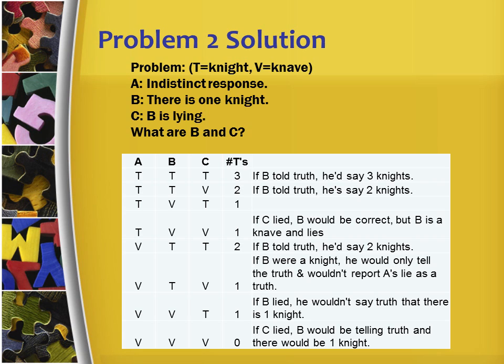Similarly, if we look at the last row, VVV, C is lying because he's a knave. B is lying because he's a knave.